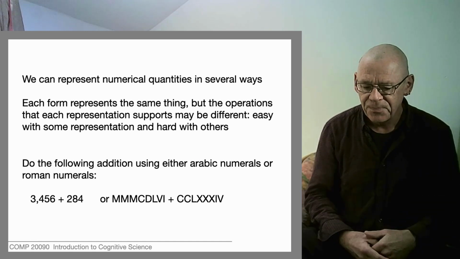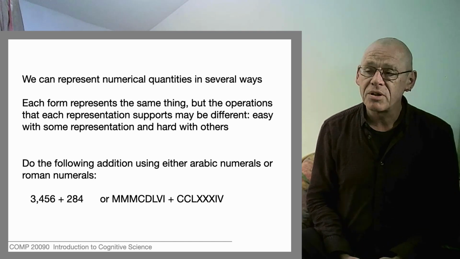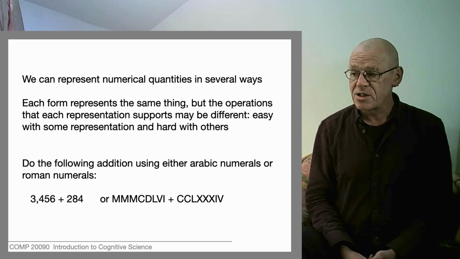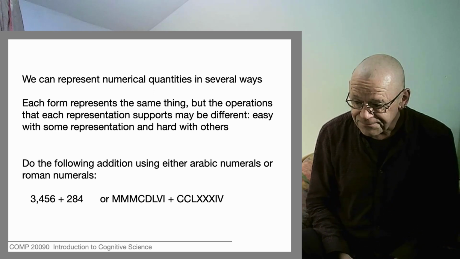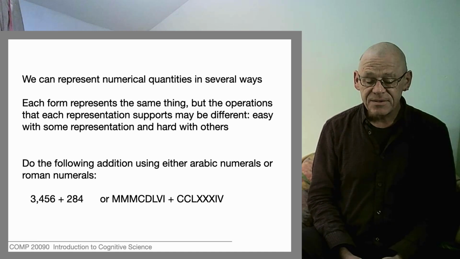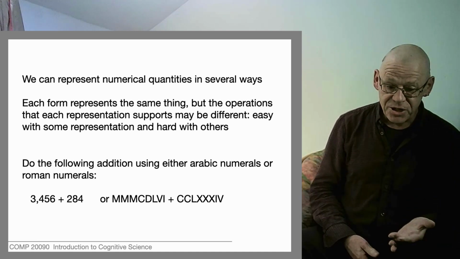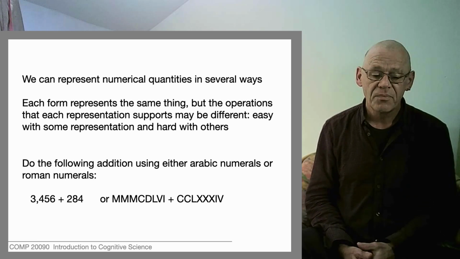You know how to do that. On the right-hand side are the same two numbers, but they're represented this time using a different system. This is the system that was in use in ancient Rome 2,000 years ago. And they're the same numbers, I'll guarantee you that, 3,456 and 284.